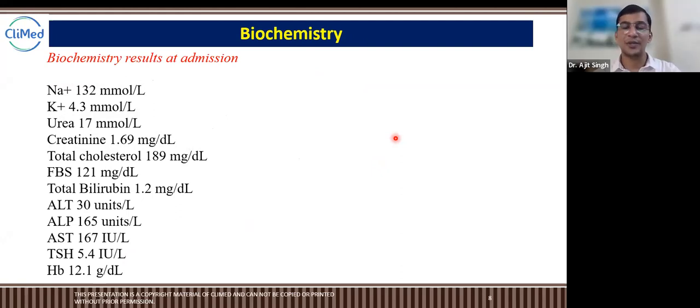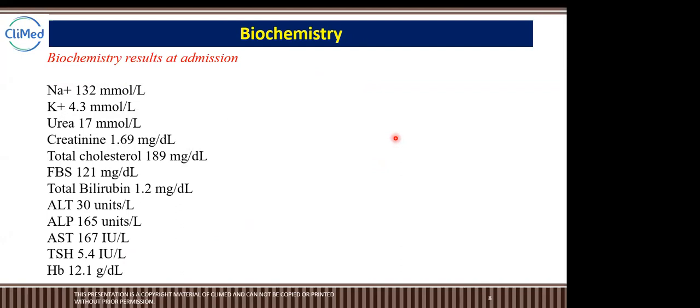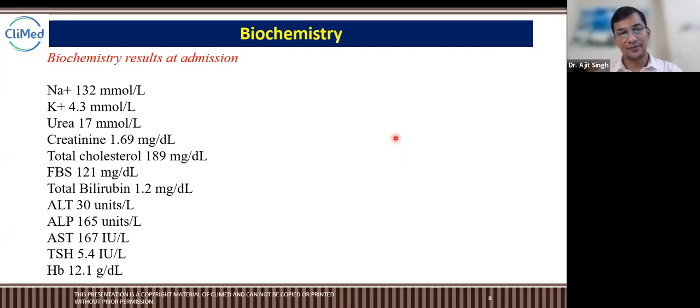Okay, what should be the normal reference level of creatinine for everyone? 0.5 to 1.2 mg per dl. Sir, it's from the baseline.